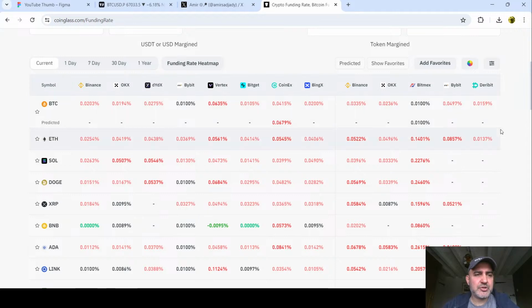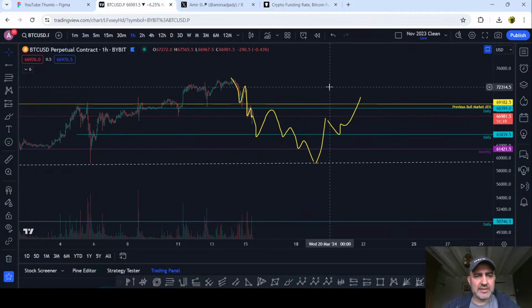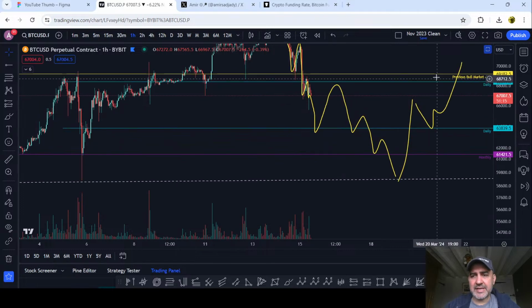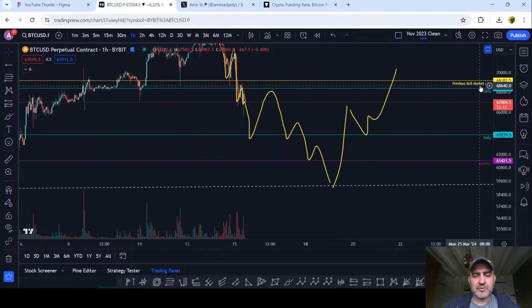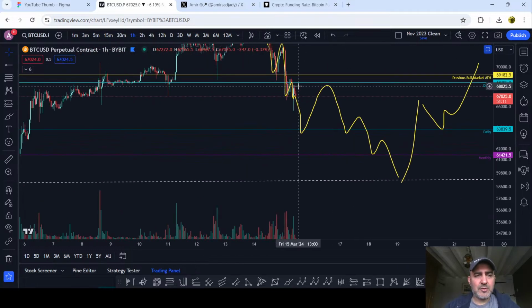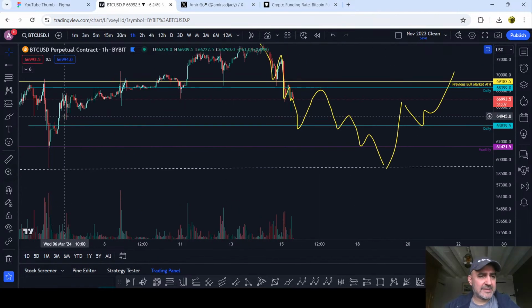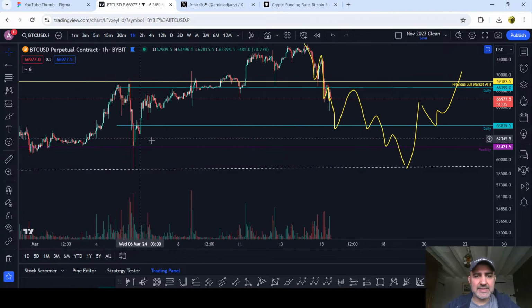What you really want is for the funding rates to reset to neutral. And until that happens, in the context of a local market structure change, in the context of losing the previous bull market all-time high, I think we're probably looking for lower. And we're probably looking to see how the price reacts at these levels.